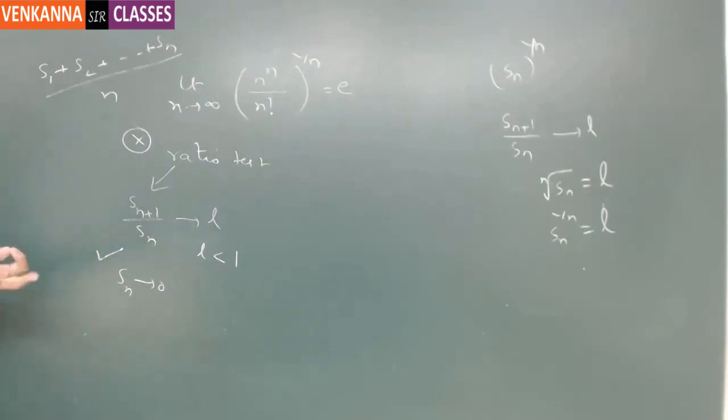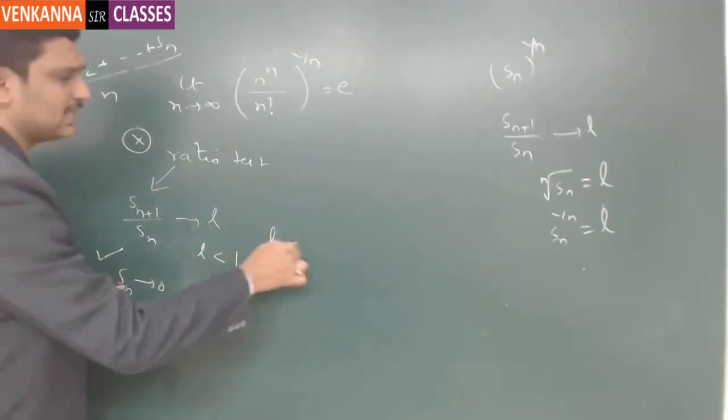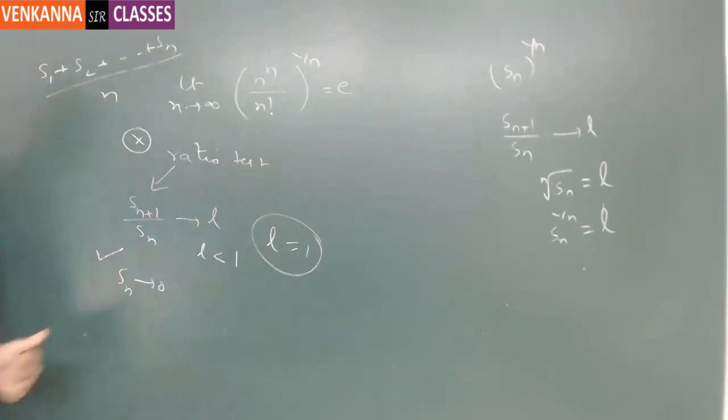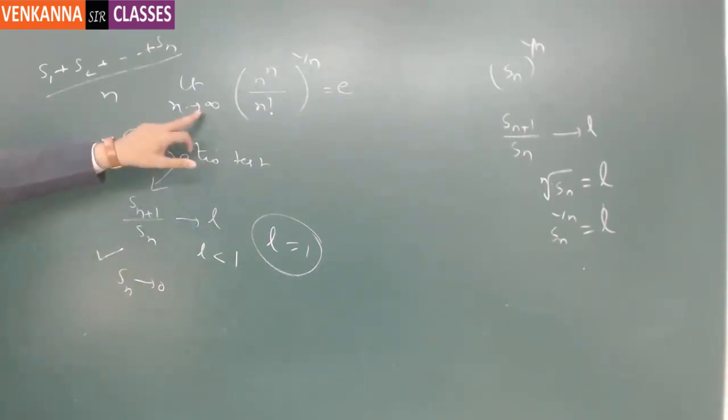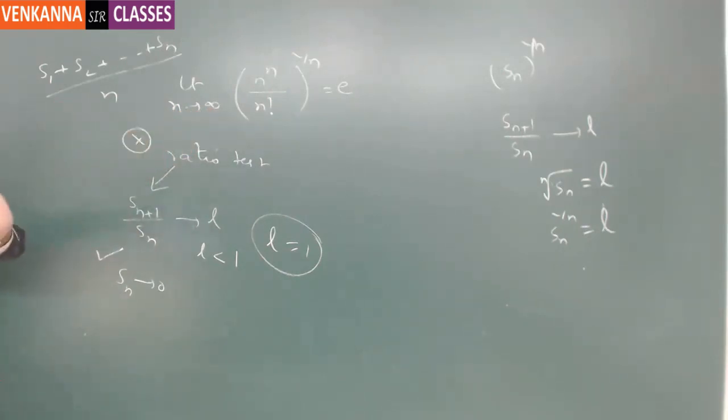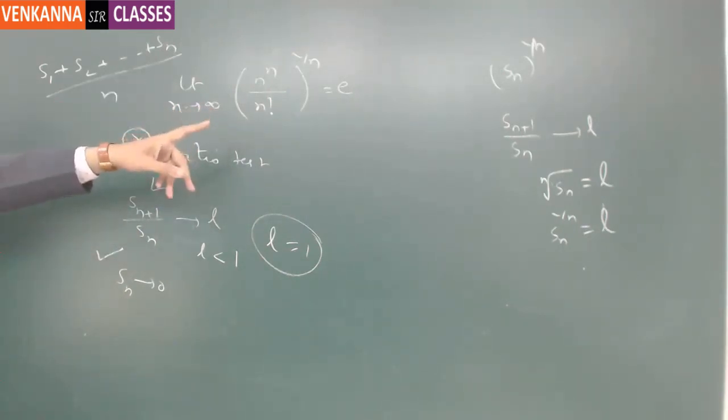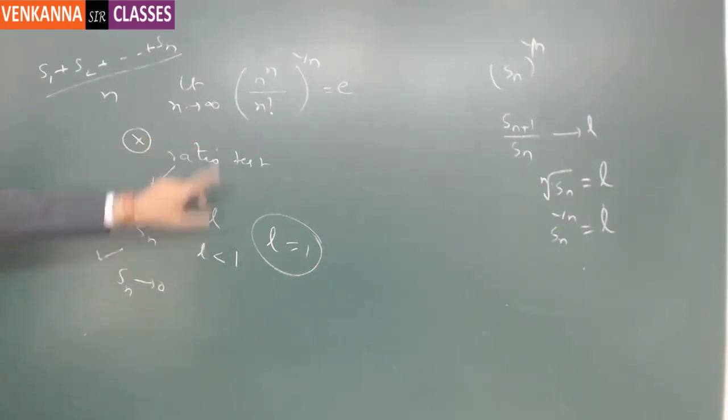So the ratio test fails in the case L equal to 1. The ratio test says that whenever the limit is less than 1, it is convergent. In the problem, he mentioned that the limit of the sequence is e. We need to prove that e value is greater than 1, right? So you cannot get a limit value less than 1 as per the problem considered.